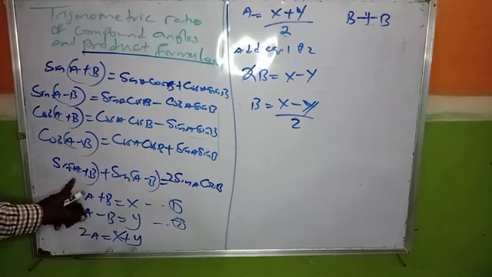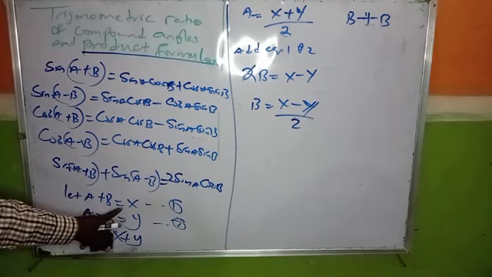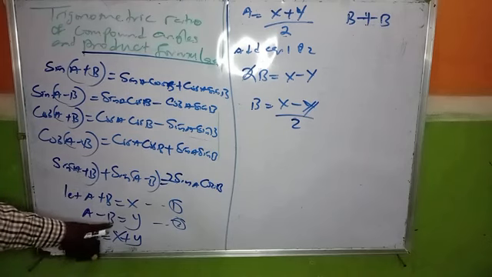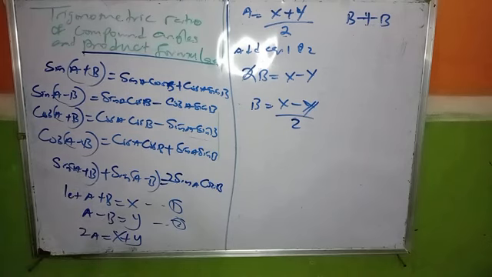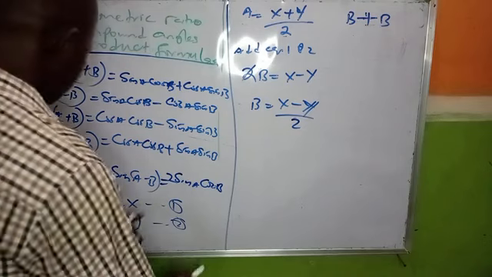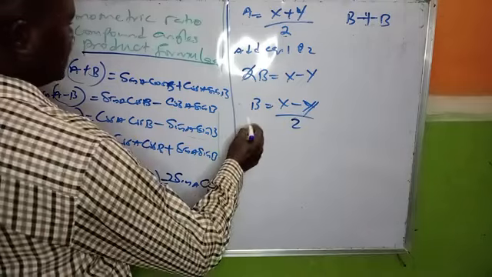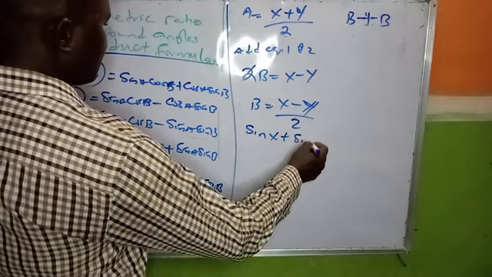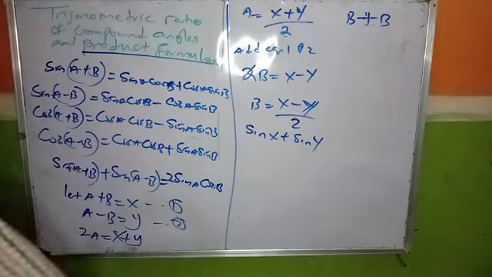Here you have a plus b, and then this. So what you simply have here, to replace it, you can have it as sine x plus sine y.